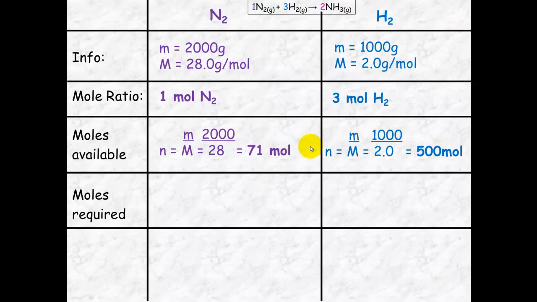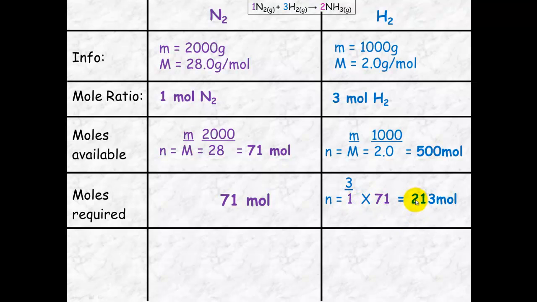We now have to look at how much can actually react. So the moles required. If I have 71 moles of nitrogen, it reacts in a 1:3 ratio. So I'm going to need unknown over known times 71.